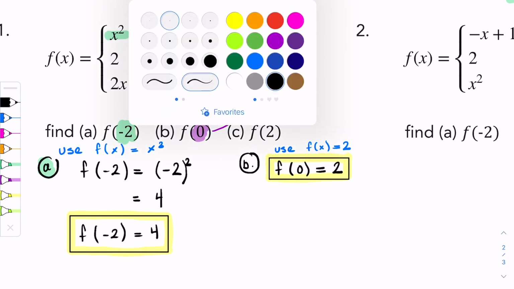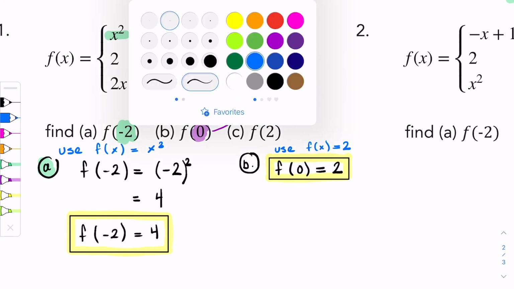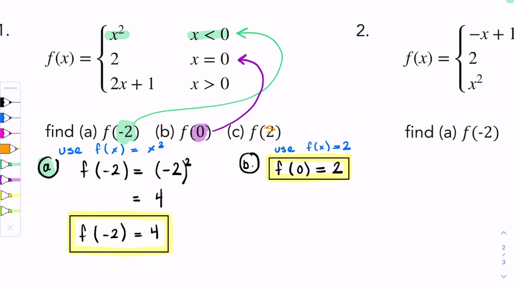And for part C, we have a value of 2. So once again, where does it apply to? 2 is greater than 0, so we're going to be using this function here.